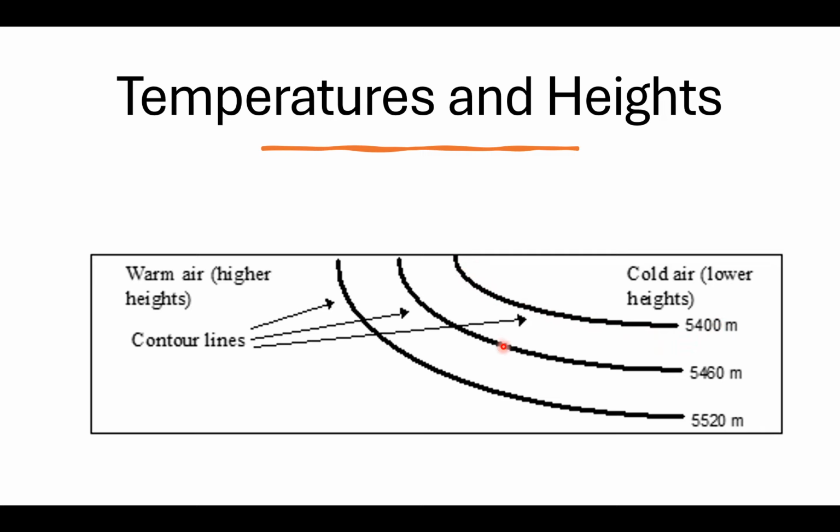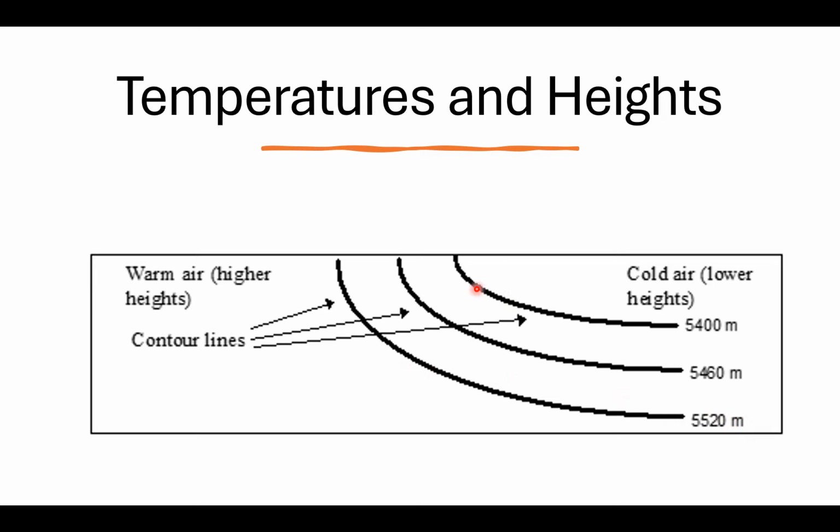Everywhere along this solid black line, the middle line here, would represent 5,460 meters, and we drop that last zero off, that'd be 546 decameters. And then this bottom last solid black line, everywhere along it, the constant pressure surface is at 5,520 meters. Right, take that zero off, we get 552 decameters.